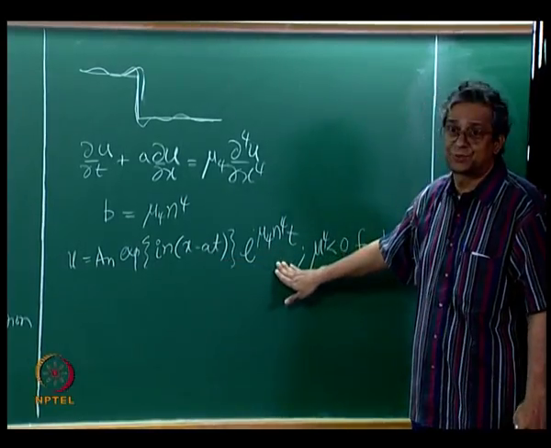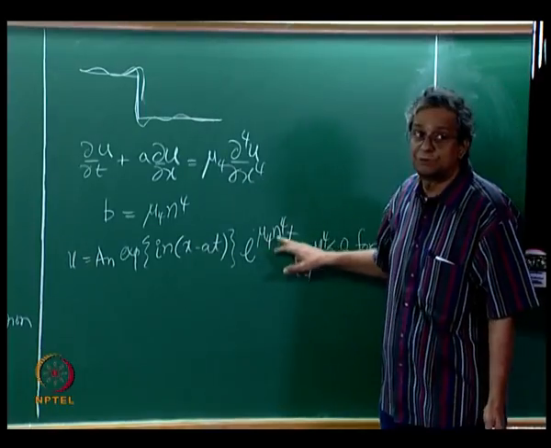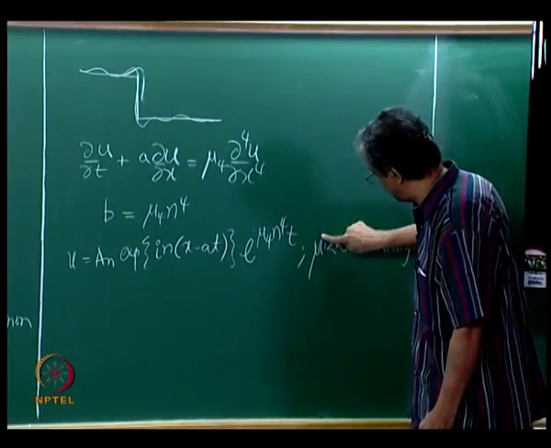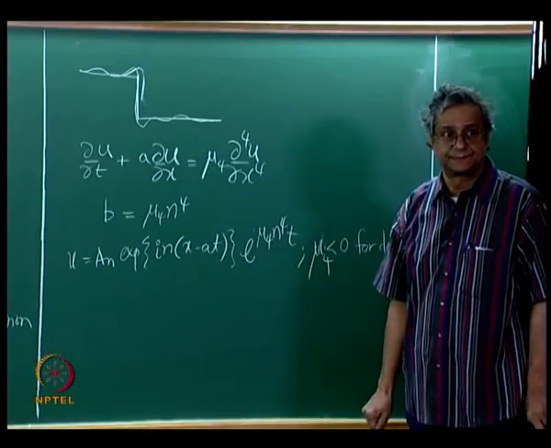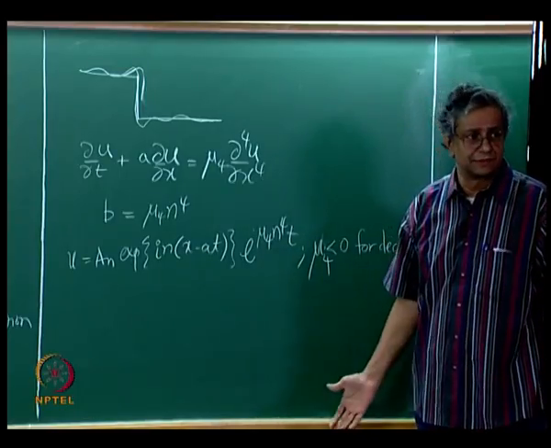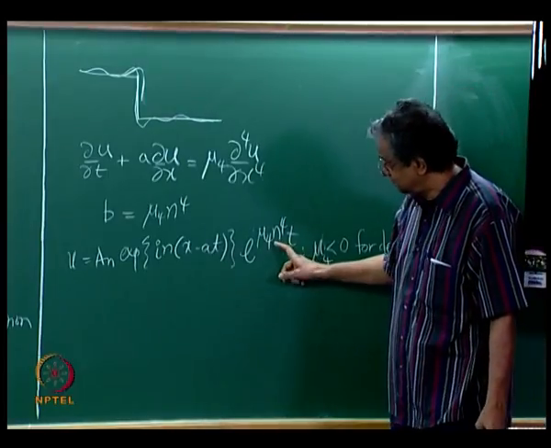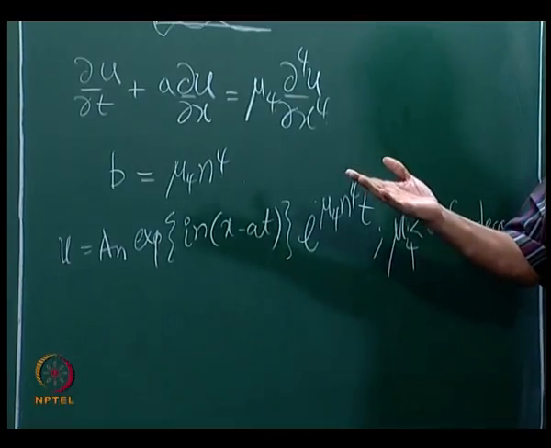But again we have the same story, that high frequencies decay faster than low frequencies, because we have an n⁴ involved here, and the decay occurs when μ4 is less than 0, right. If μ4 is greater than 0, it is going to cause a divergence, and high frequencies will then diverge faster than low frequencies, right.